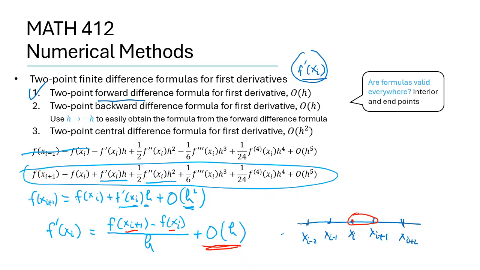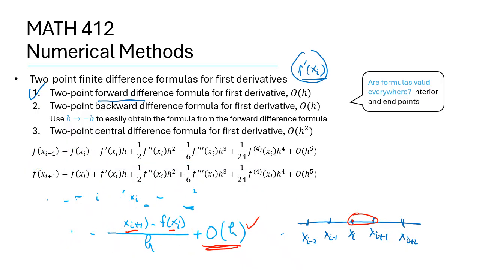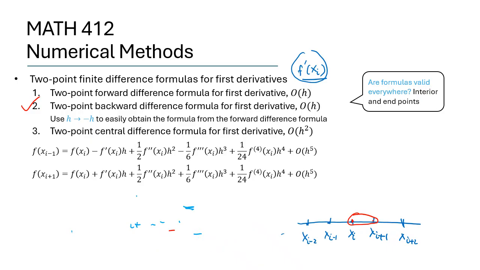Wonderful, we derived the formula, and at the same time we know the truncation error of this formula when you use this difference to approximate the first derivative at xi. We have derived the 2-point forward finite difference formula for the first derivative.